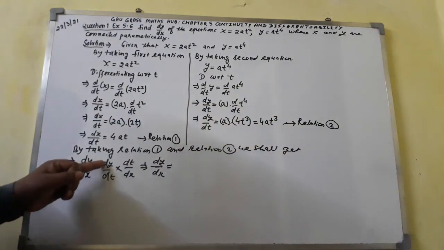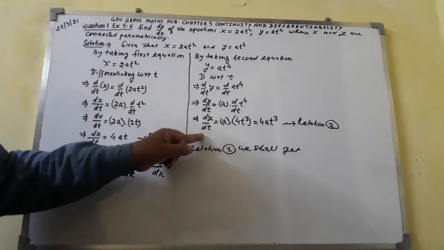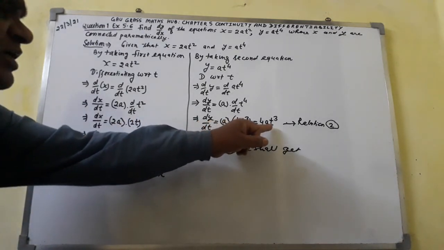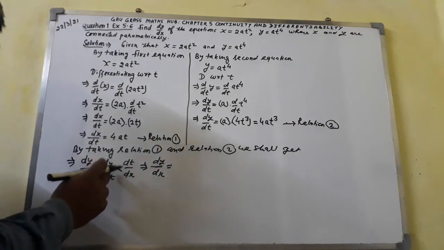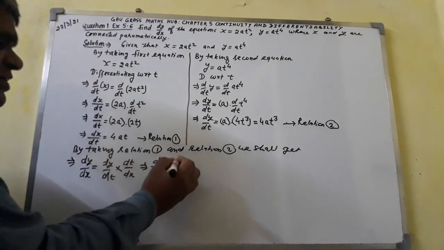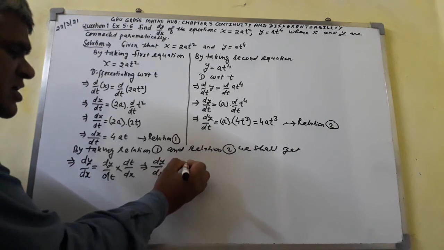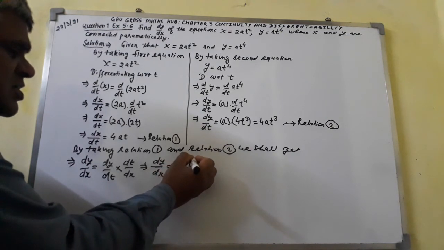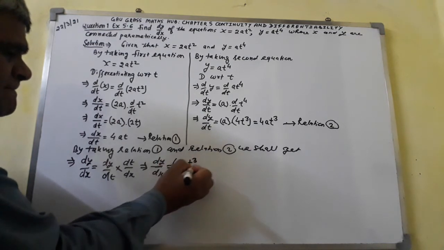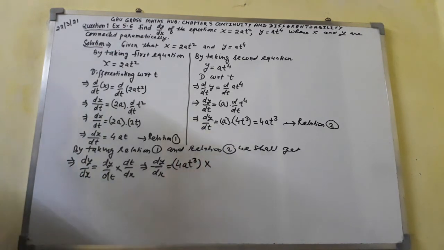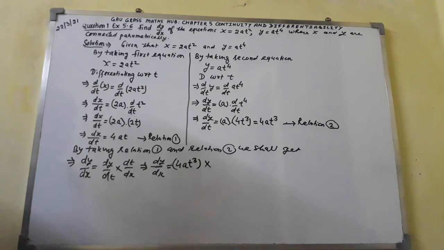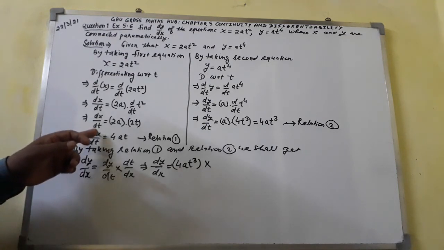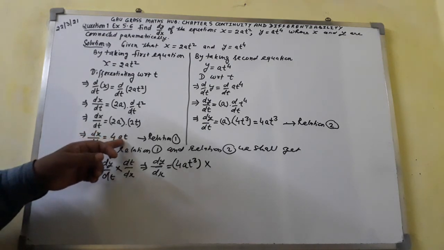So I shall write 4at raised to the power 3, into, in place of dt over dx, here dx over dt equal to 4at.